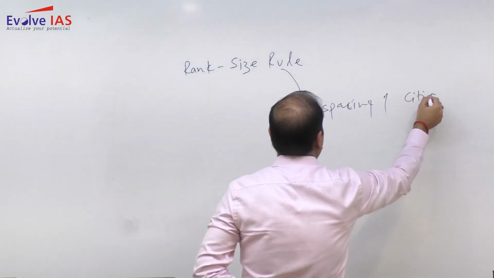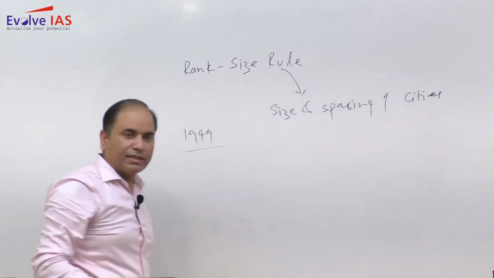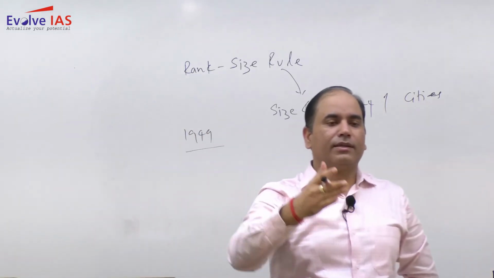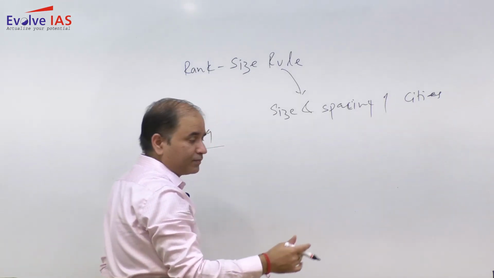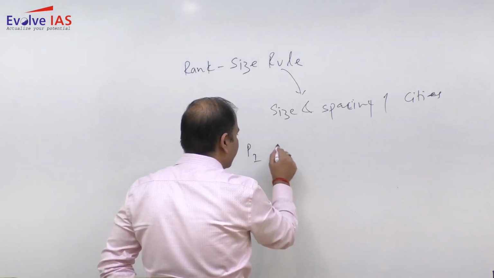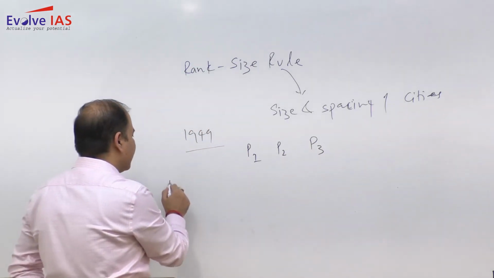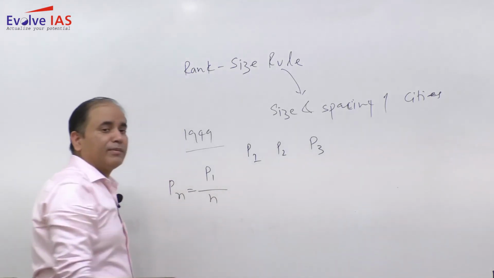It was given by G.K. Zipf in 1949. He suggested that if in any country we arrange the cities in descending order, largest city P1, next P2, next P3, then the nth city will be 1/n times the largest city.